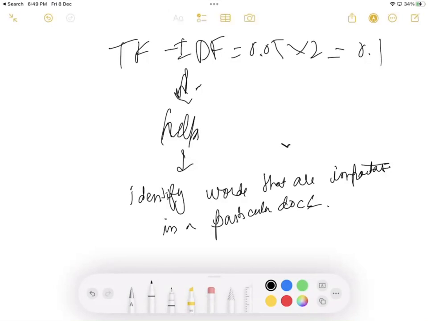This is useful in tasks like text classification, information retrieval, and document similarity analysis. So this is all about TF-IDF.